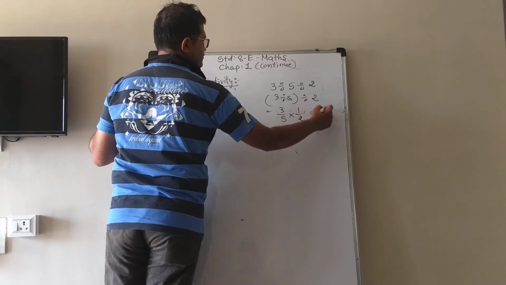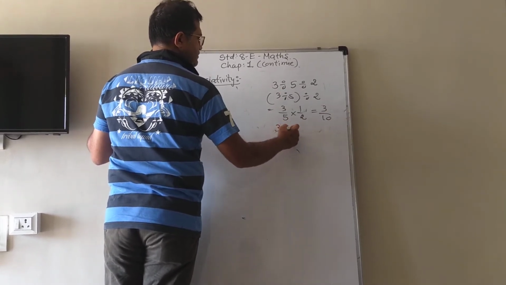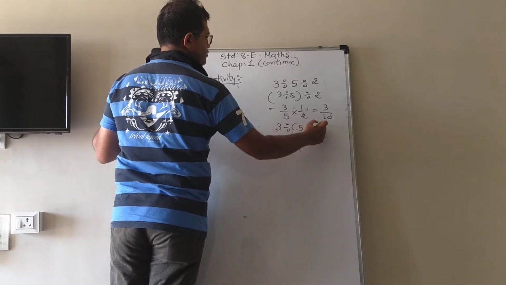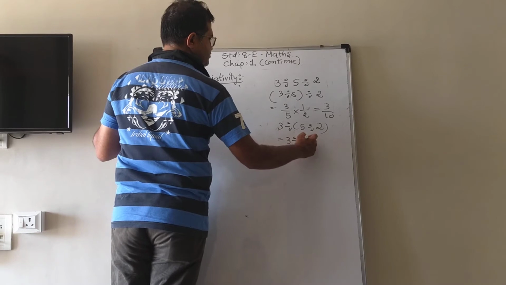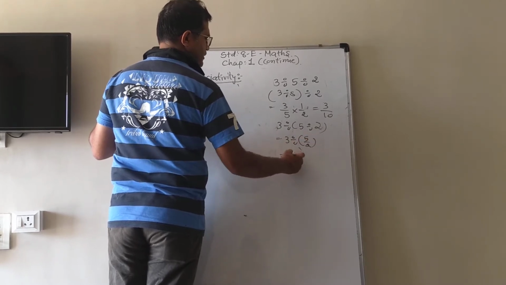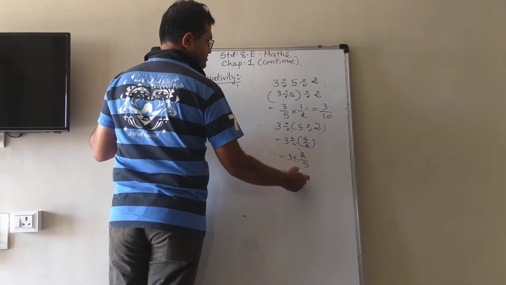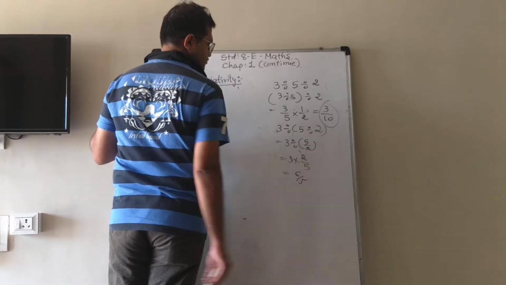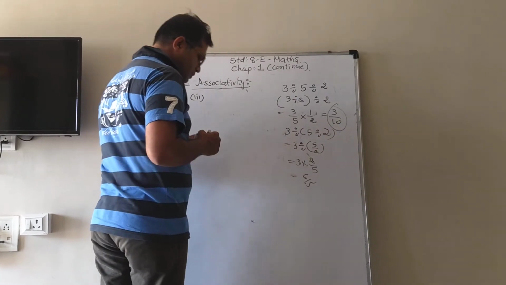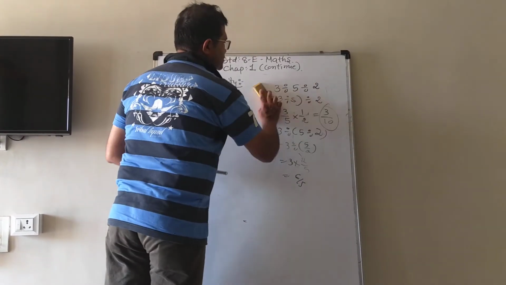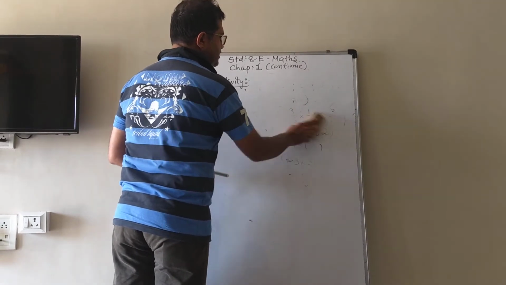So you will get 3 ones are 3 upon 10. But if you do 3 divided by 5 upon 2, and then you take the reciprocal, 3 2s are 6 upon 5. So the answers are not equal. So the associativity does not hold for the operation of division.